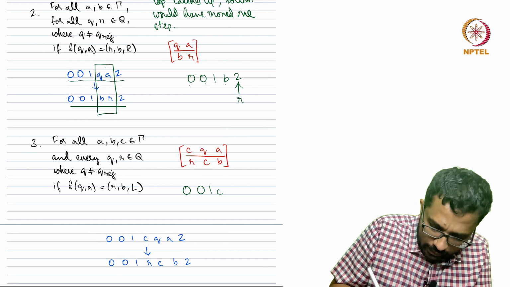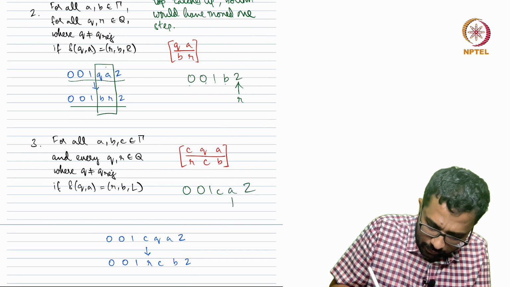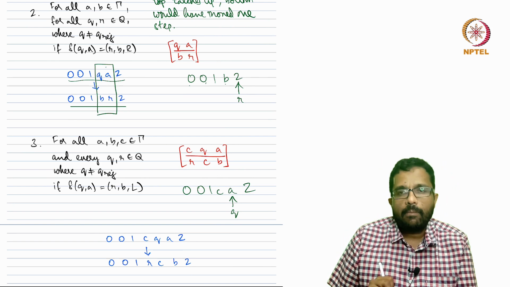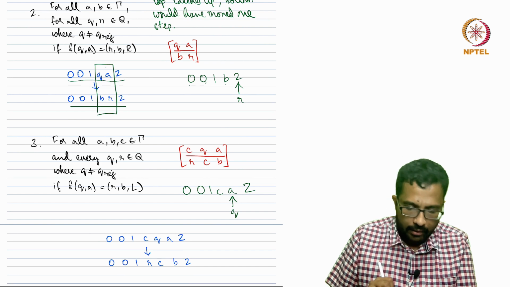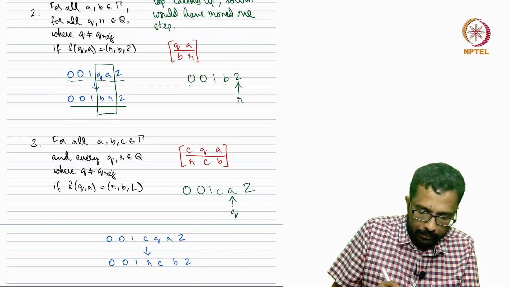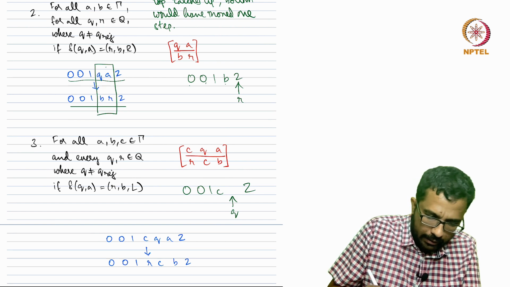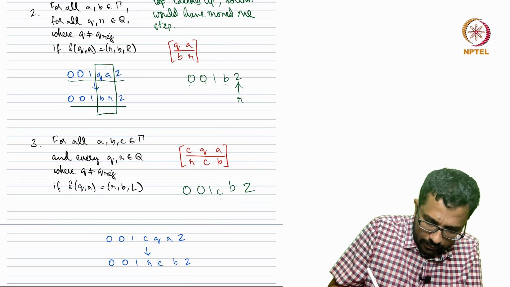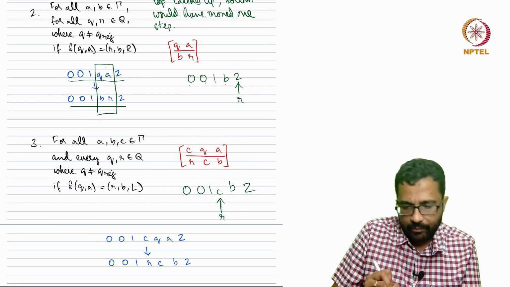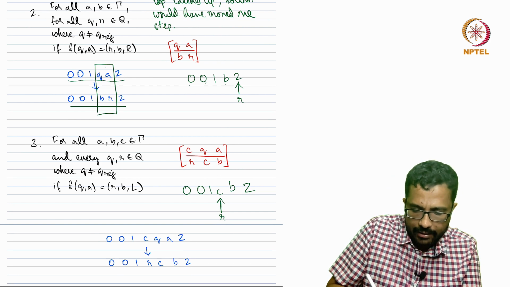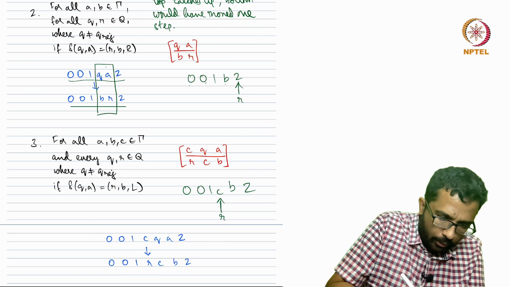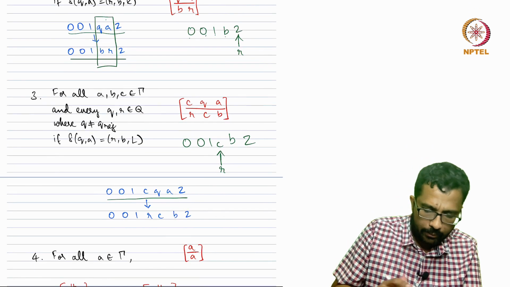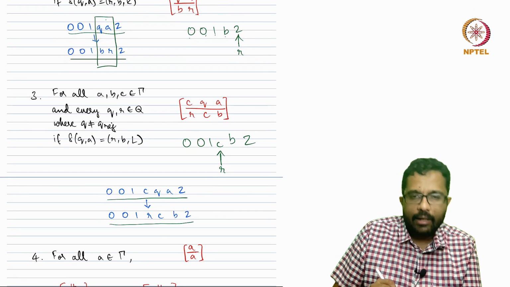This corresponds to CA 2 with the head pointing at A and the state being Q. Now delta(Q, A) is (R, B, L), meaning you write B here, you move one step to the left and you go to state R. So this corresponds to 001 RCB 2, which is what I have here. We started with 001 CQA 2 and ended with 001 RCB 2.